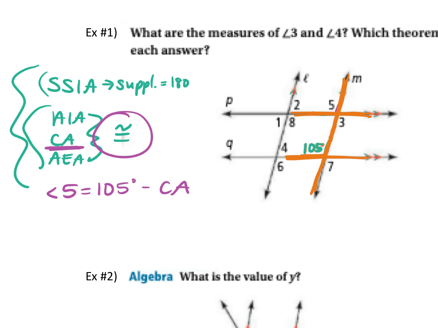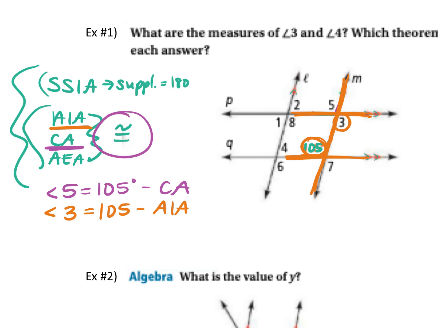Alternate interior angles, right? This one and this one. Those are alternate interior angles. What do we know about alternate interior angles? They're congruent. Alternate interiors are congruent. So angle 3 is how many degrees? 105, because it is alternate interior with that 105.